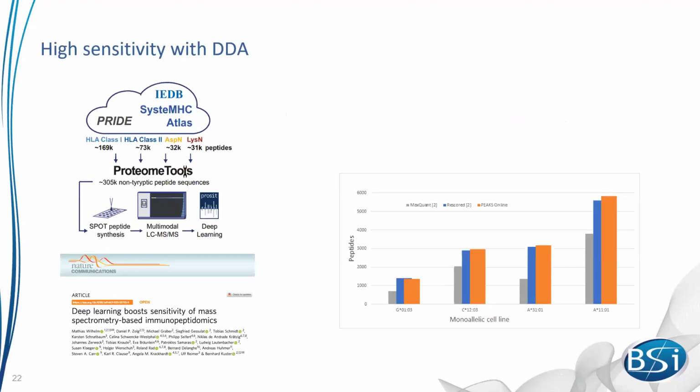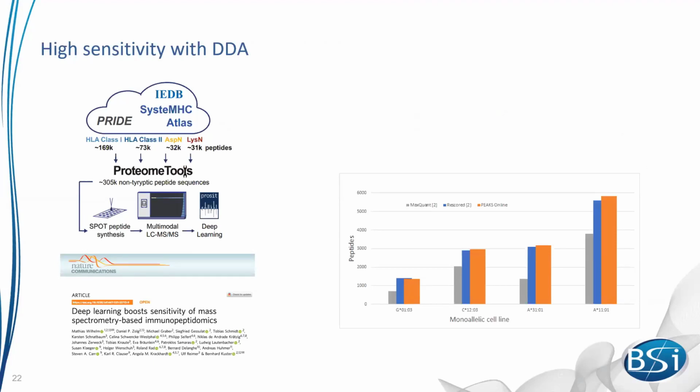How about DDA? Actually, deep learning can also help DDA. I won't have much time to talk about it here. I'll just show one recent publication from the Kuster group. They use deep learning to boost peptide identification.